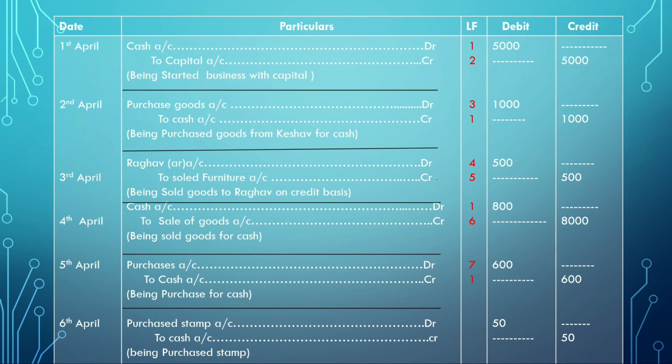So we completed purchases, and next we have the purchase of stamps, the purchase stamp account. This is the eighth account. Now we'll open. This transaction happened on 6th April. The purchase of stamps is a debit.